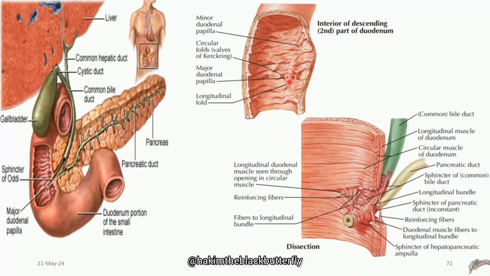Importantly, we said it's possible for stones to block this opening, or to block this papilla here. Stones from the gallbladder itself can come and plug into that gap, and that can result in retrograde flow of bile towards the common bile duct, and also retrograde flow of pancreatic juice towards the pancreas.